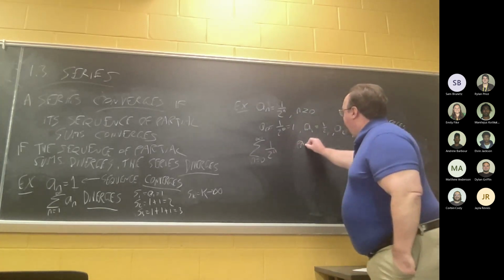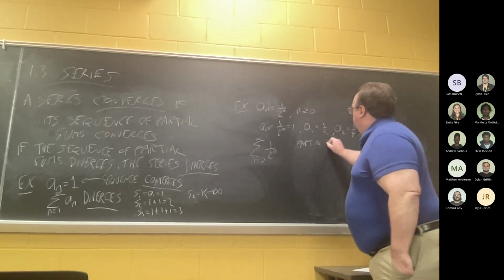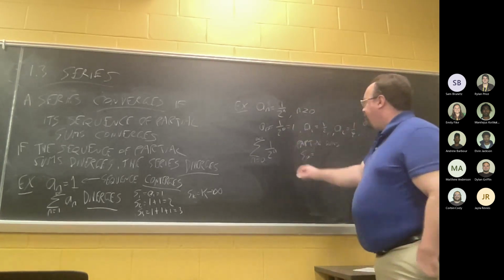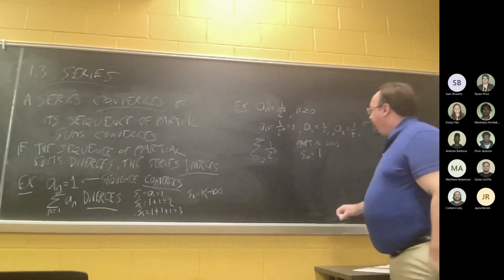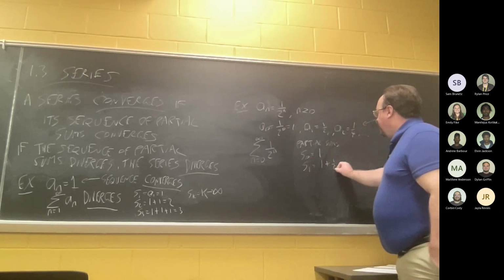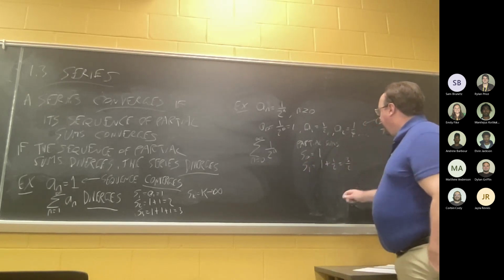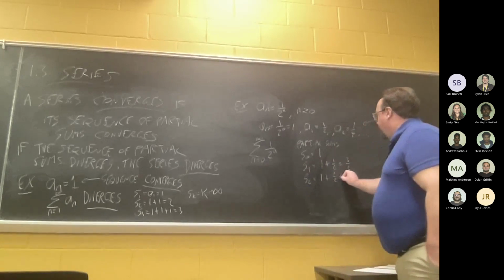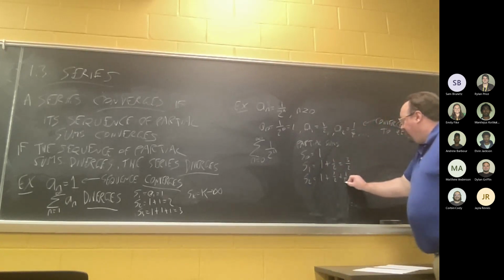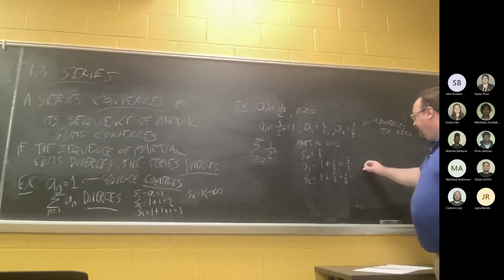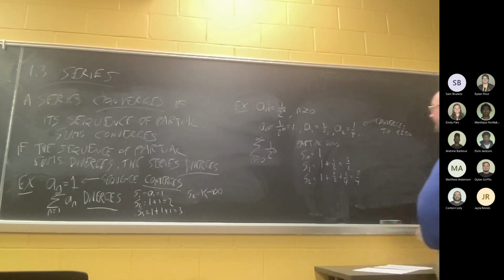So the partial sums. S0 would be just the first term, which is 1. S1 would be the sum of the first 2 terms, so we get 3/2. For the next partial sum, we add on 1 over 2 squared, so 1/4, and that's going to be 7/4.